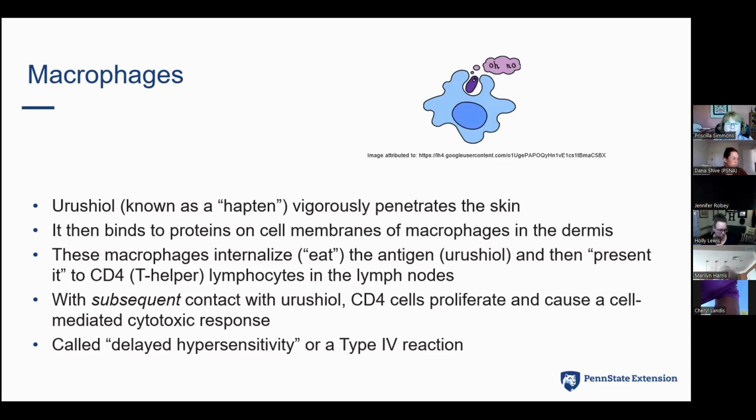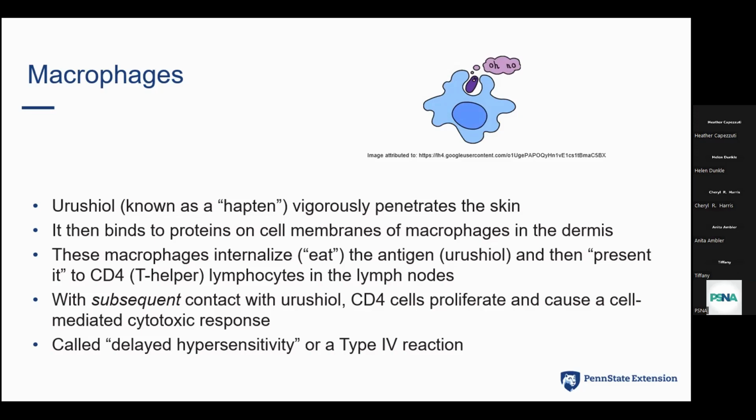Now, let me hasten to say that the first time or two that somebody encounters poison ivy, they will not react. Typically, it is the third time that somebody encounters poison ivy, and then subsequently that there is a reaction.